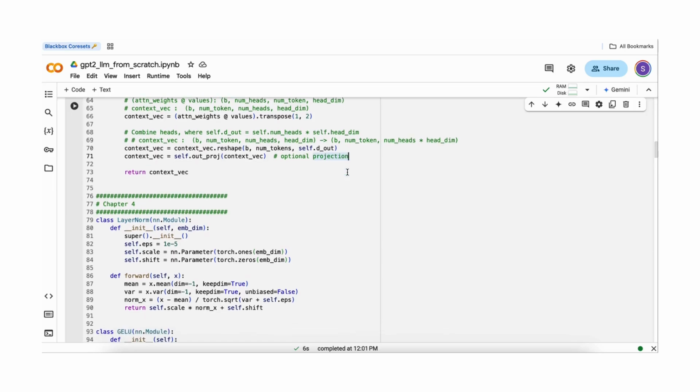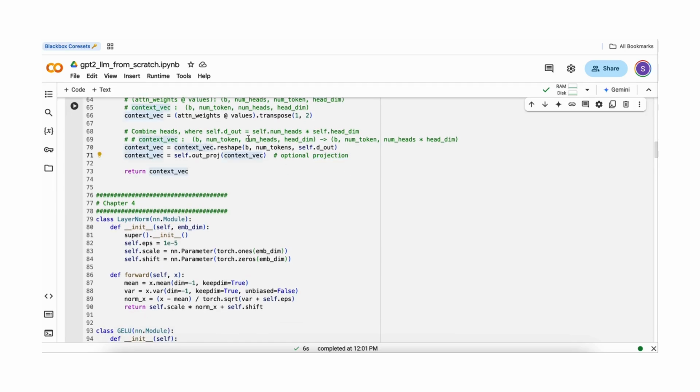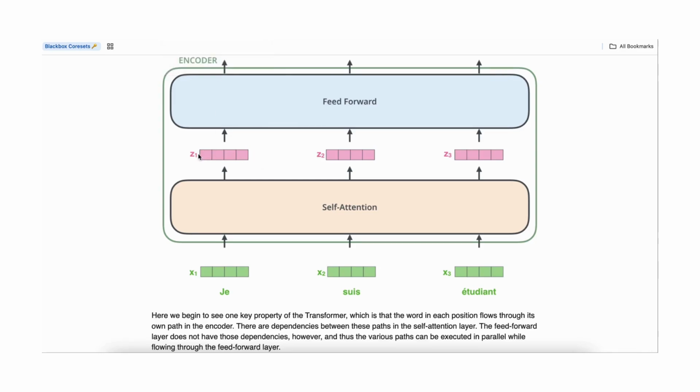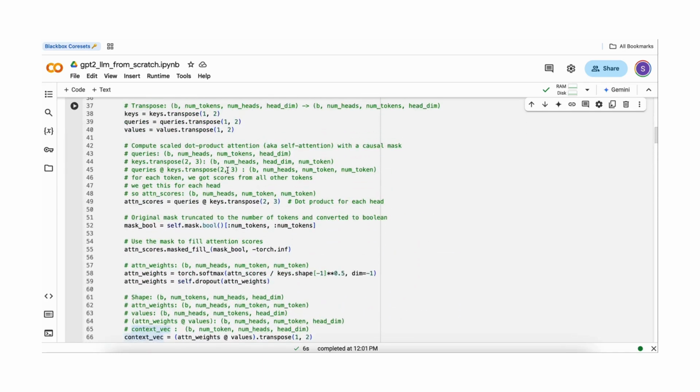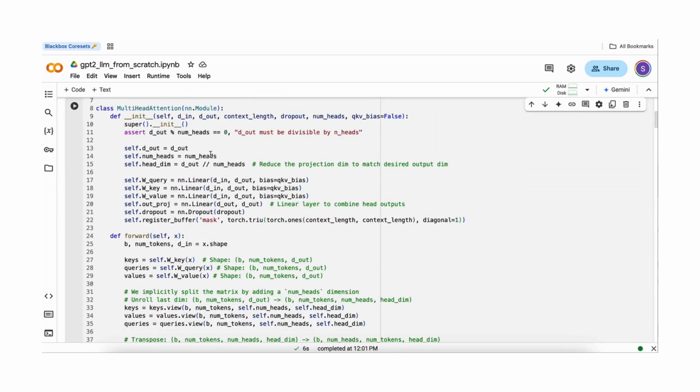And basically that means this is dout, and we combine it for all the tokens. Okay, so num tokens by dout, and this is what we forward from the multi-headed attention layer.